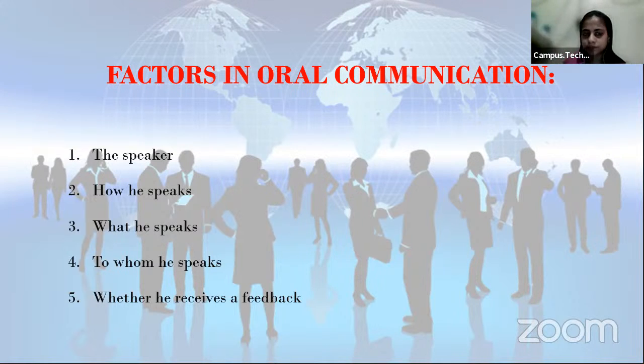And next, oral communication is only completed when you get the feedback from the receiver. The receiver's feedback is again one of the important factors in oral communication, because until and unless you get some type of response from the receiver, you won't be able to know whether he has understood or not.